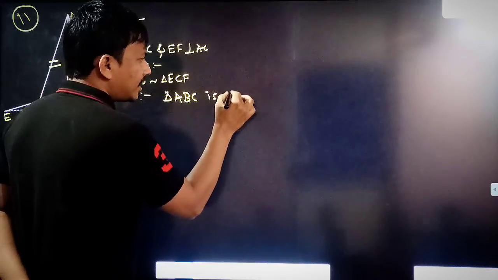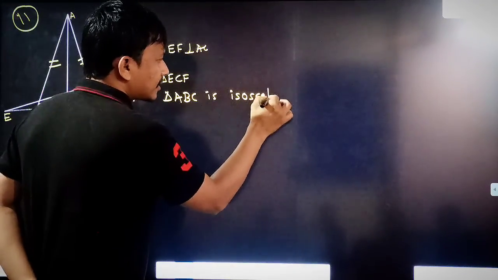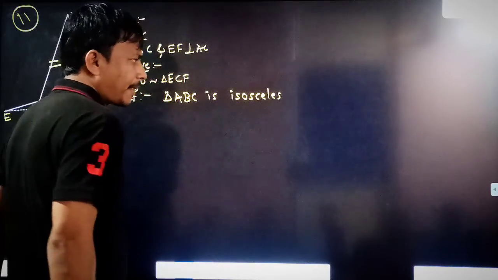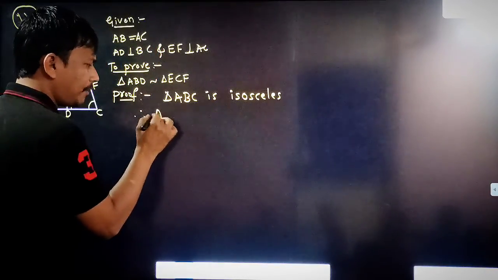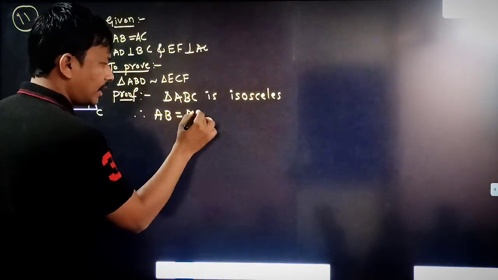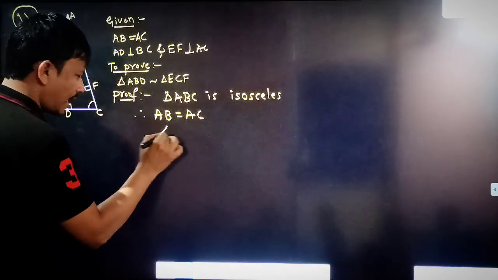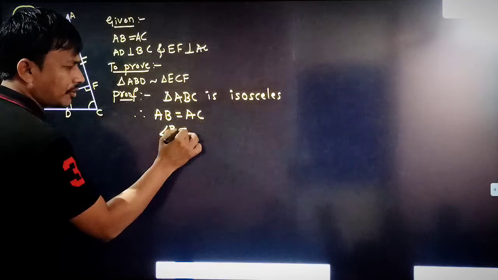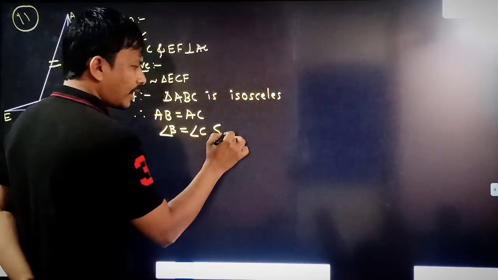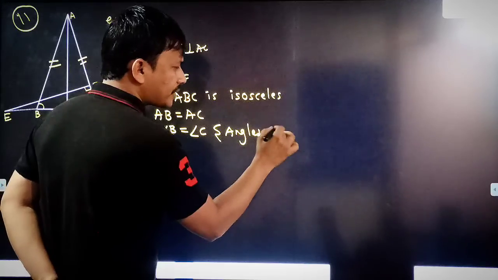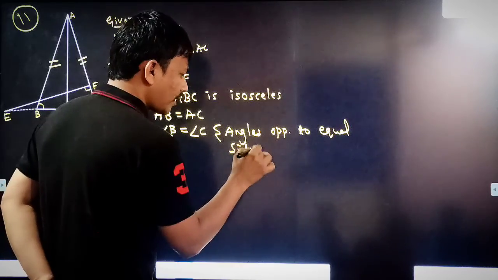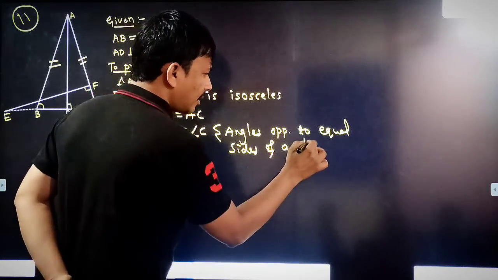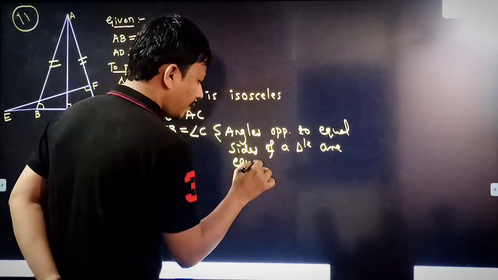Triangle ABC is isosceles. Therefore, AB is equal to AC. Angle B is equal to angle C because angles opposite to equal sides of a triangle are equal.